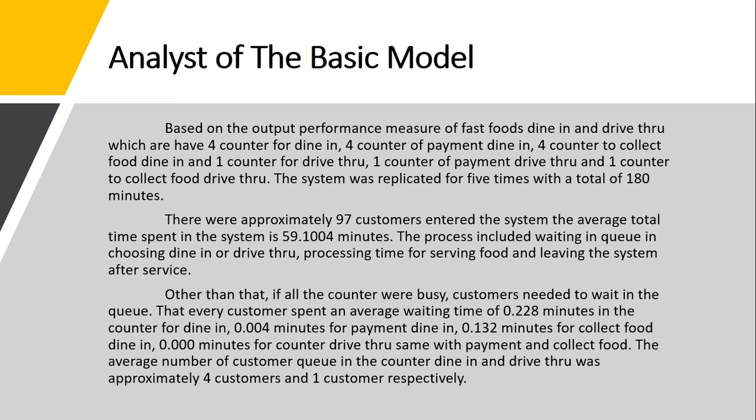The system was replicated 5 times, 180 minutes. There were approximately 97 customers entering the system, and the average total time spent in the system is 59.1004 minutes. The process includes waiting in queue in choosing dine-in or drive-thru.